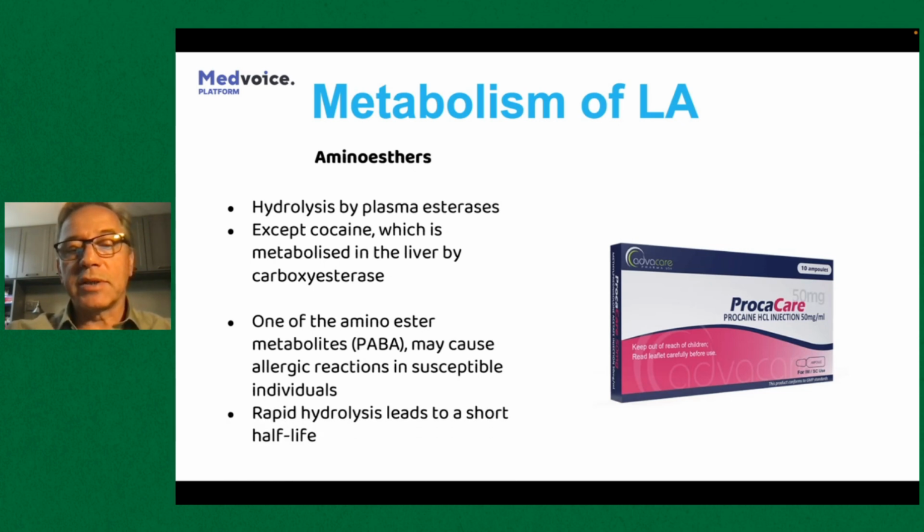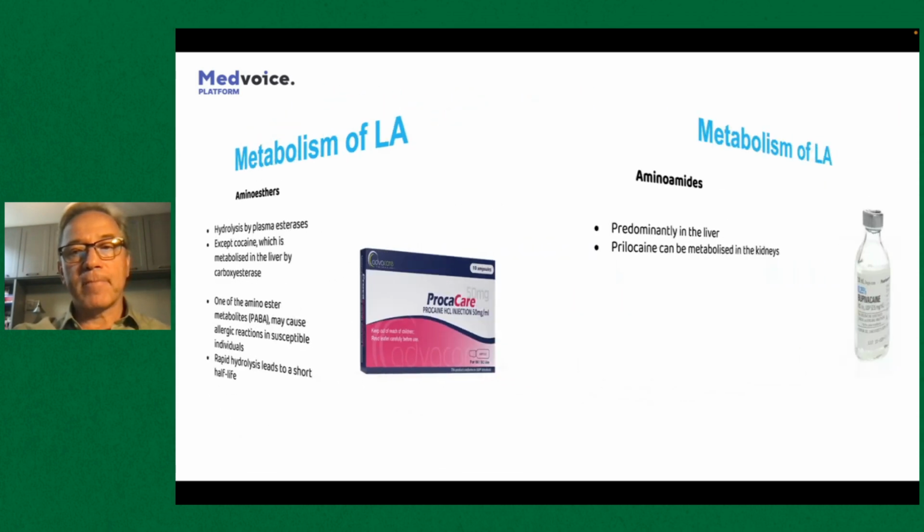And rapid hydrolysis leads to a very short half-life. So the problem with the procaine is that you need a lot of it to continue working. So as you operate, you need to add and add and add, almost like every 10 minutes if you're operating under infiltrational anesthesia. But they're not toxic, so you can use a lot of it compared to amino amides.